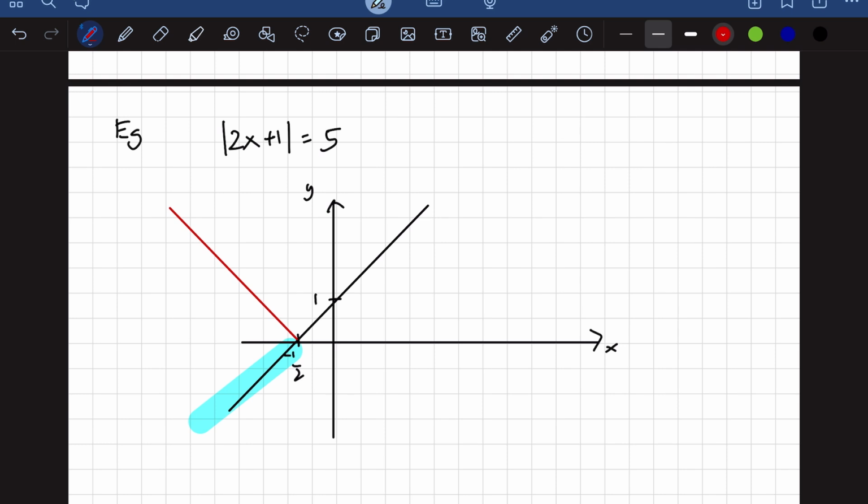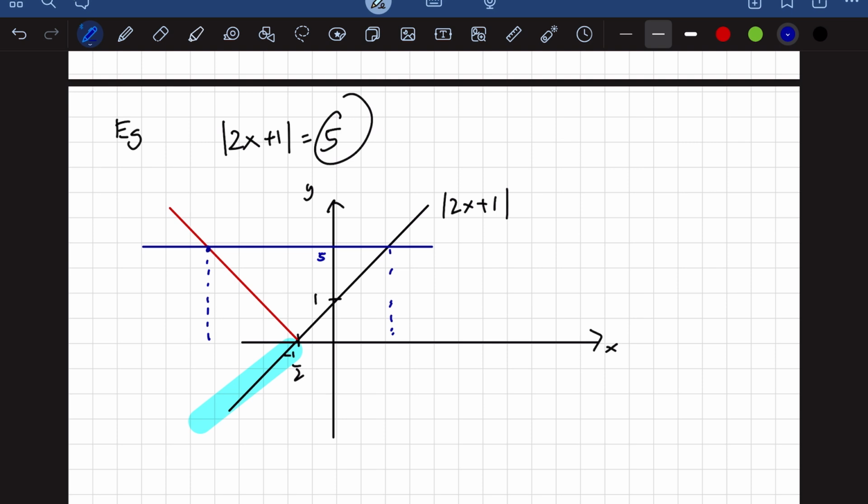Okay, so that's my modulus function of 2x plus 1. It looks like a V shape. Now, to find the solution, we need to draw the second graph. In this case, it will be when y is equal to 5. So y equals 5 is probably somewhere around here. And there you see the two intersections, that will be your solutions for x.